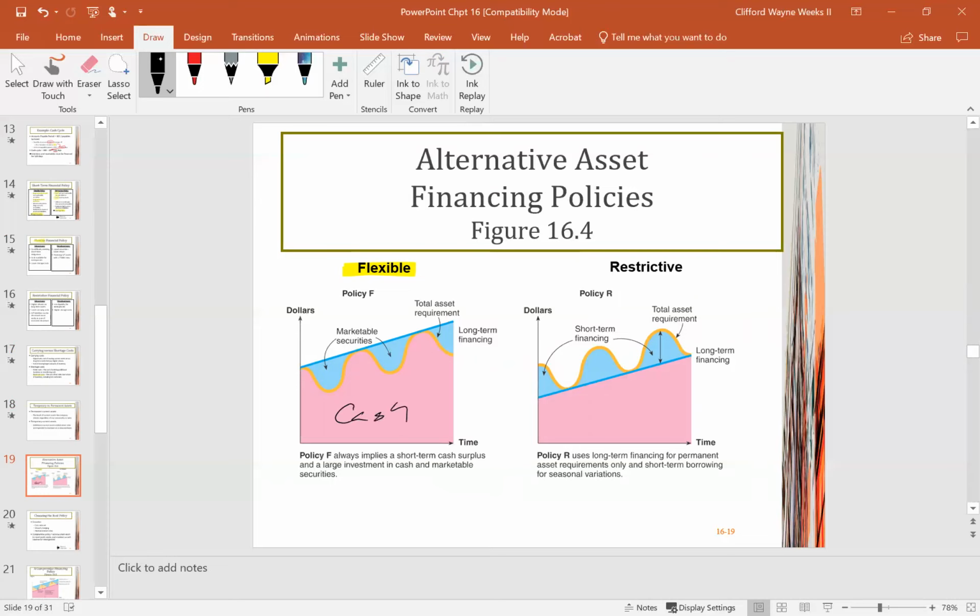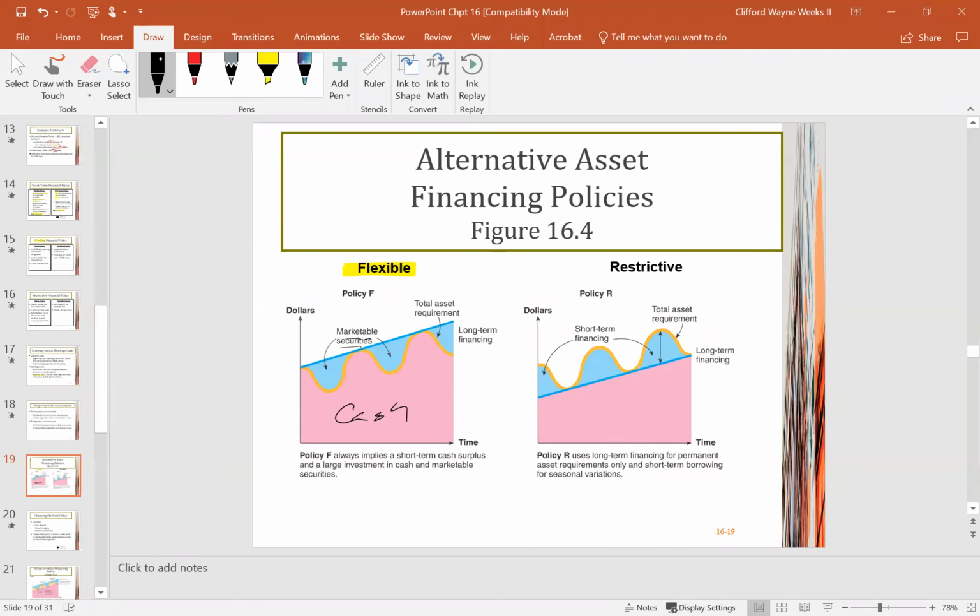When we have the cycle of cash, it's going up and down. If we have excess cash, when we have a use of cash, we can supplement that with the marketable securities. Hopefully you see these are marketable securities.